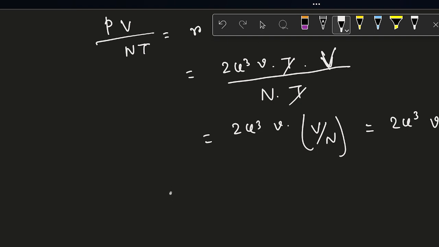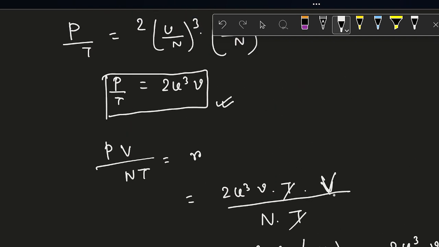So now remember that your r has been solved here as 2 u cube v square, but in the question you had been asked that you have to solve it in terms of, I think, small v and temperature. So you are not told to retain the term small u in your final expression. So you just have to change its value so that you get everything in terms of only small v and t.